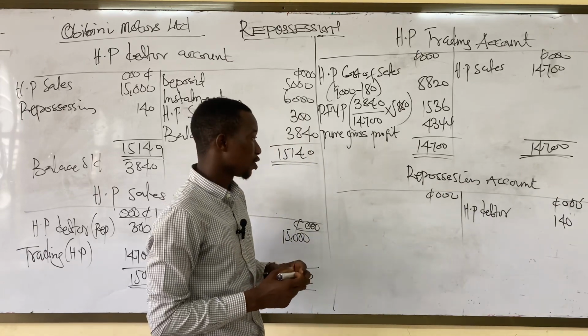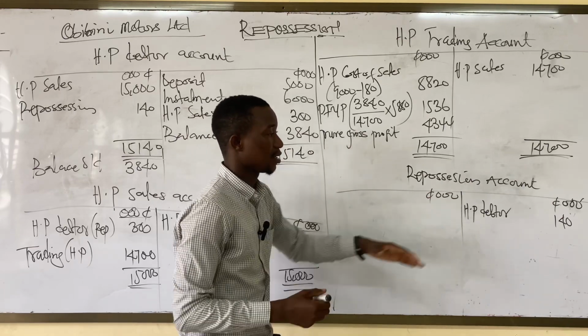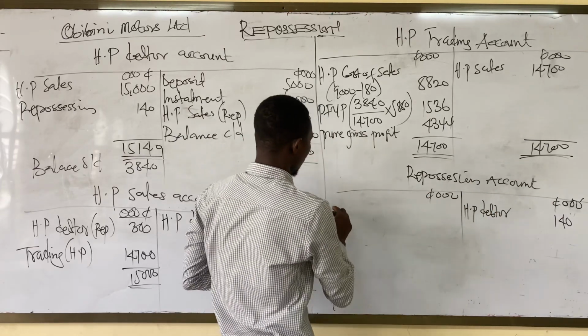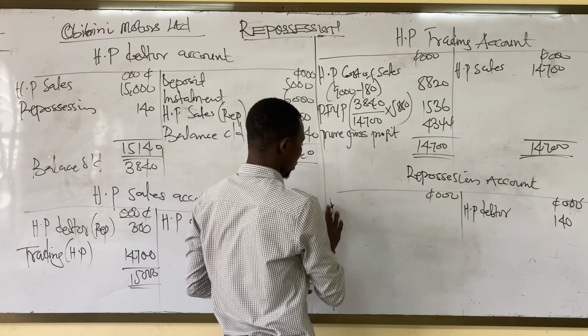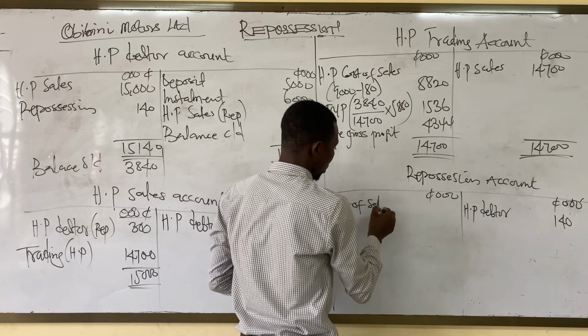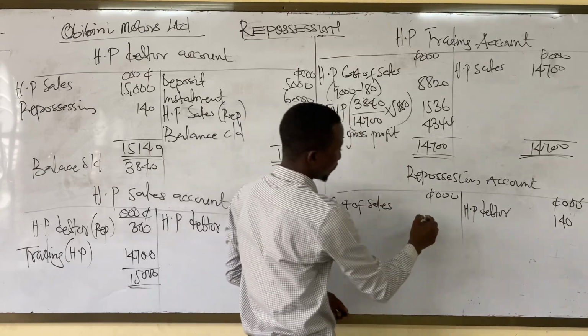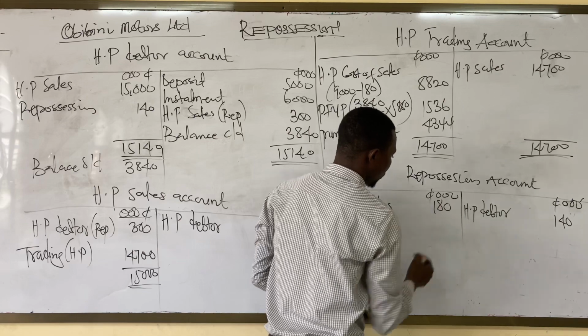So to do that, we compare the cost against the sales. So we have cost of sales. This is cost of sales with regards to repossession. That is the 180. So we have 180.